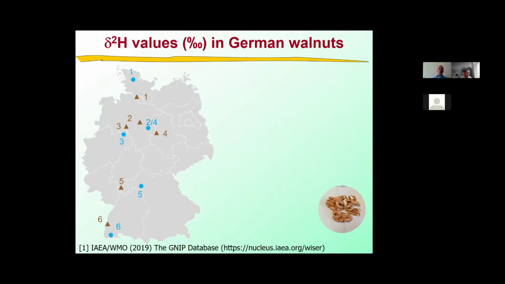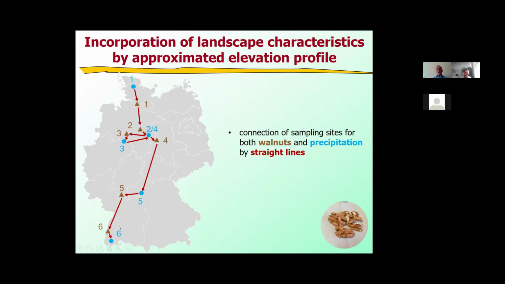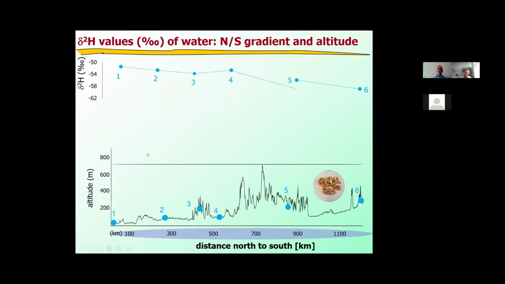And now we looked at, you see the 6 points with the walnuts, the brown ones, and then we looked at the published data in the database which was closest to the site where we were analyzing. Then we connected the individual points, and then we made a straight line. So you get a profile with altitude.